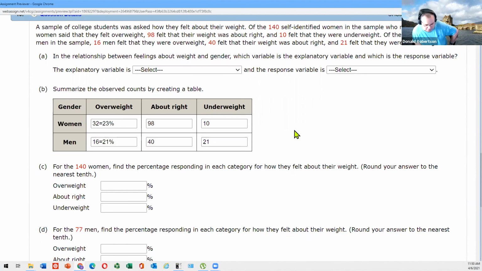They could well be perfectly normal weight, but in today's society, women have to be built like sticks because that's what models look like, which is totally unrealistic. Let's look at the underweight. For the women, it's 10 out of 140, so only about 7% of women think they're skinny and would prefer to be a bit heavier.